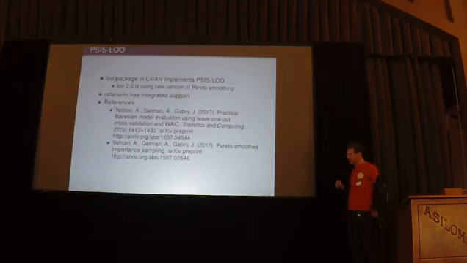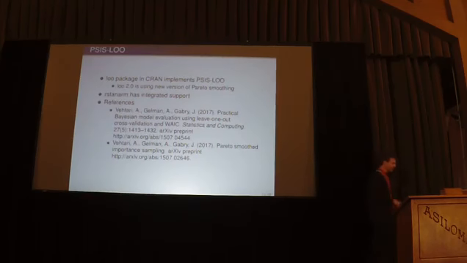I'll also show some additional diagnostics we now get in loo 2. RStanArm has integrated support so that you don't need to write these locally in generated quantities, and it can get a lot of things more easily because we know more about the models. And there are the references for this.